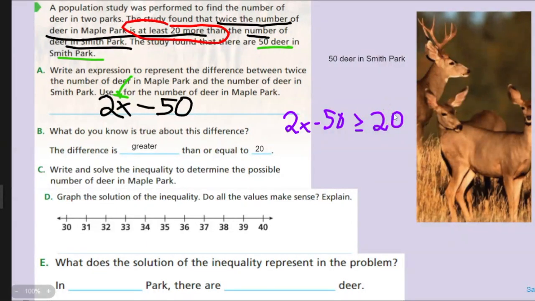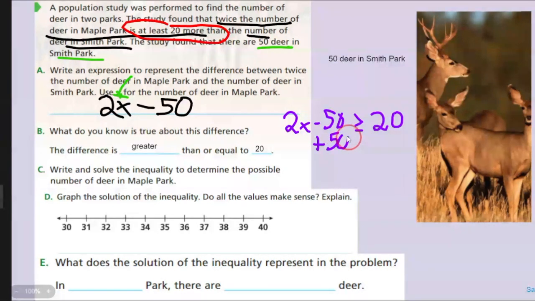Okay, so now we can solve this two-step inequality, right? Remember, our goal is to isolate the variable x. So our first step in this two-step inequality would be to add 50 to each side, right?